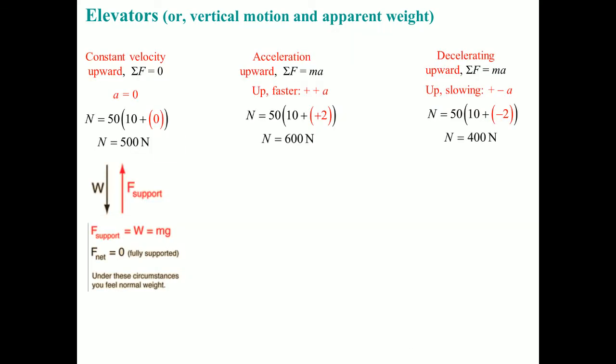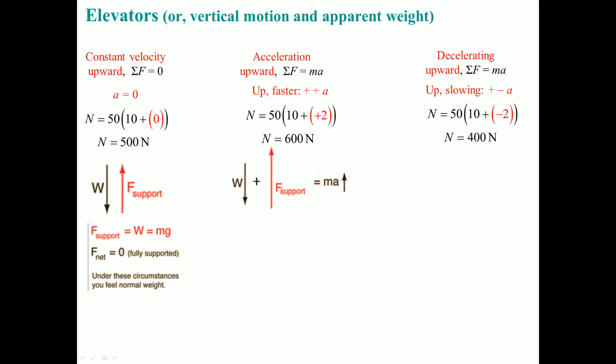Let's take a look. We already saw this one before, where this is perfectly balanced. That was the first one that I'm referring to. This is when the object is at equilibrium. Your apparent weight you feel as the normal weight. If you're accelerating up, we saw that it is 50 times (10 plus 2), which is 600. You feel heavier. The reason is that your object is accelerating up. If you look at the vector here, your F support has to be longer.